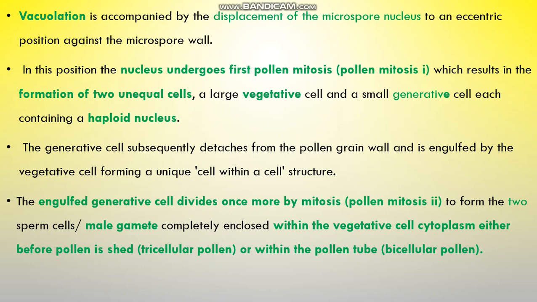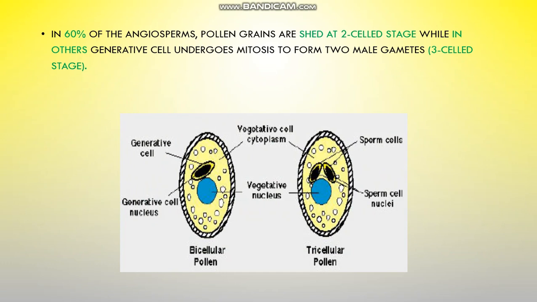These are all the stages which I discussed. Now, in 60% of angiosperms, pollen grains are shed at this two-cell stage, that is vegetative and generative cell stage. While in 40% of the angiosperms, the generative cell nucleus undergoes a second mitosis, and after completing that mitosis, it results in the formation of two male gametes, which are also known as sperm cells.